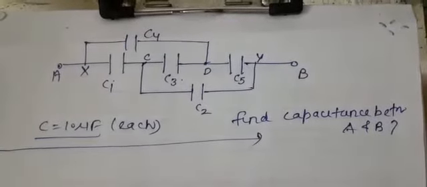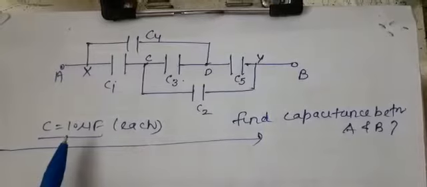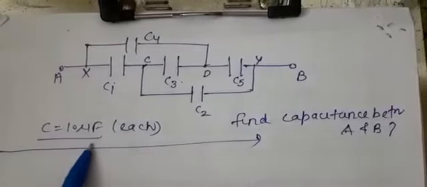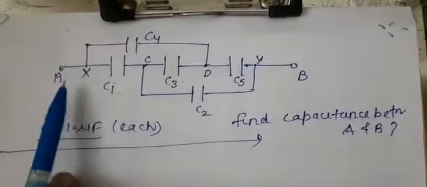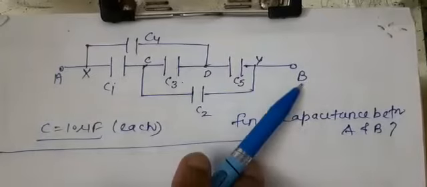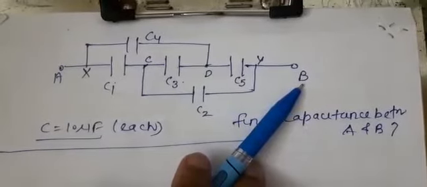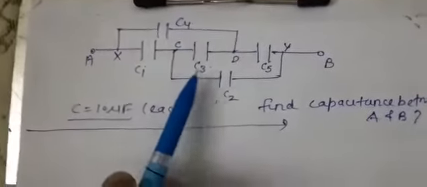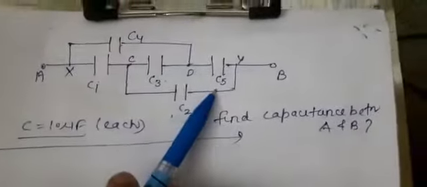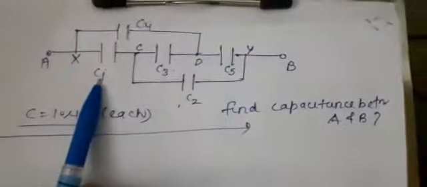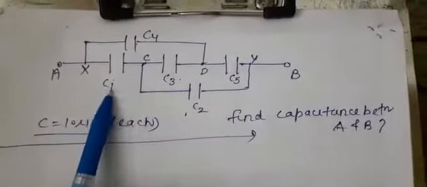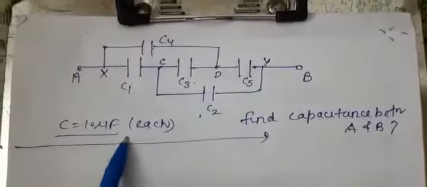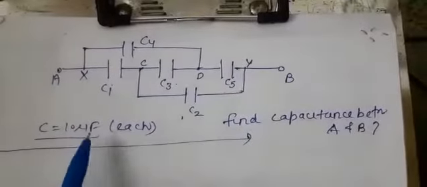Now, coming to the numerical, let's see how to apply the Wheatstone bridge principle here. See here, in the figure between A and B, we have to find the equivalent capacitance where C1, C2, C3, C4 and C5 are connected in the manner shown in the figure, and each capacitor has a capacitance of 10 microfarad.